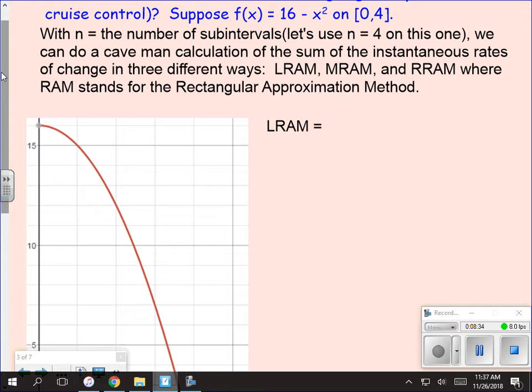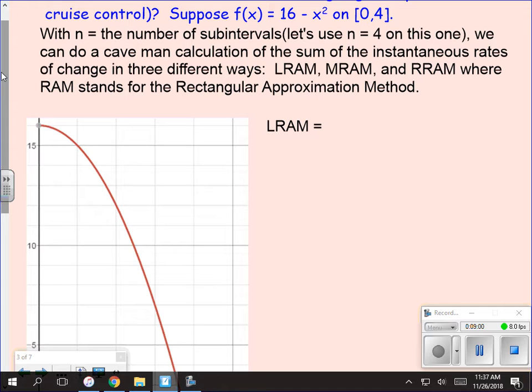Okay, this is an approximation. This is not exact. We will come up with methods to do this exactly later, but this is for approximation. And RAM is rectangular approximation method, which means we're going to break them up into rectangles. The difference between LRAM, MRAM, and RRAM is where we get the height of a rectangle.